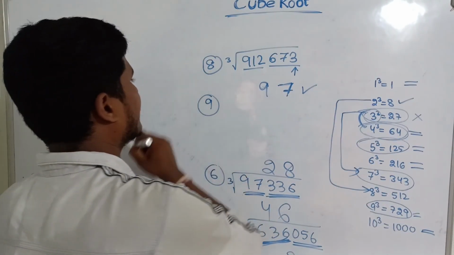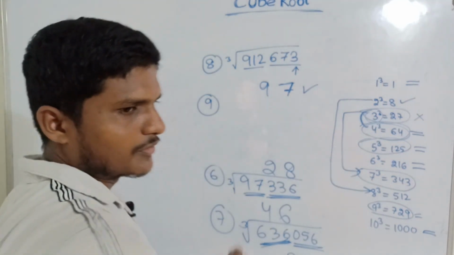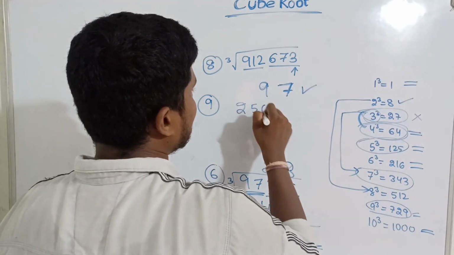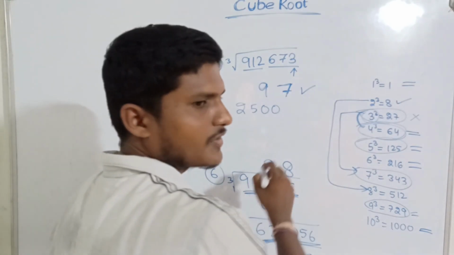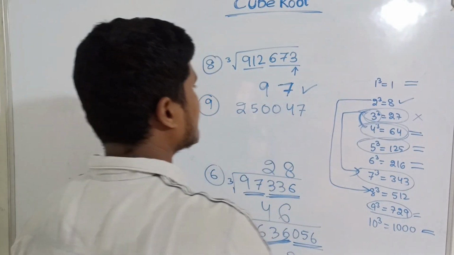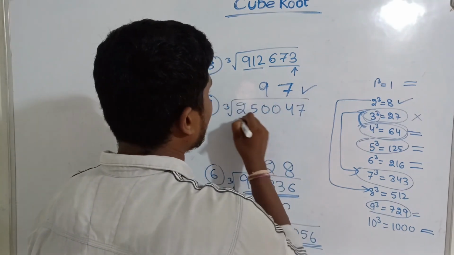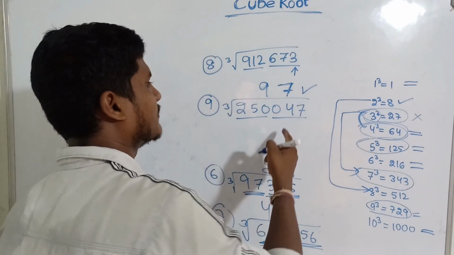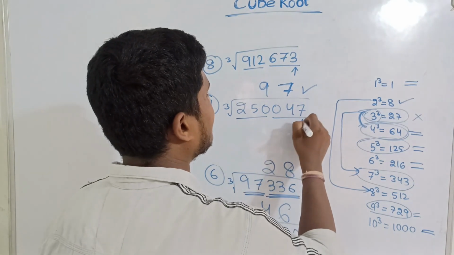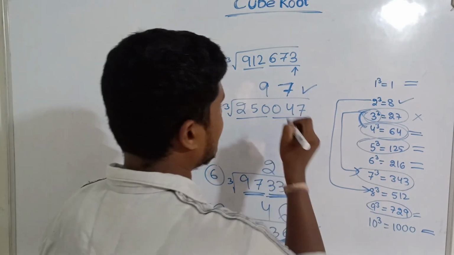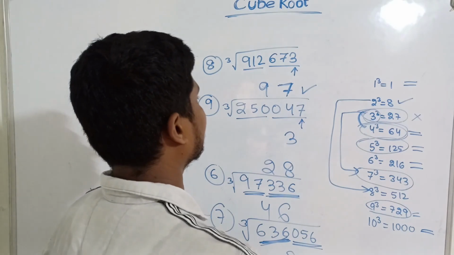Suppose look at another example. 250047. It is the same kind of question, cube root of 250047. So what is the unit digit? Unit digit 7. So 3's cube has unit digit 7.